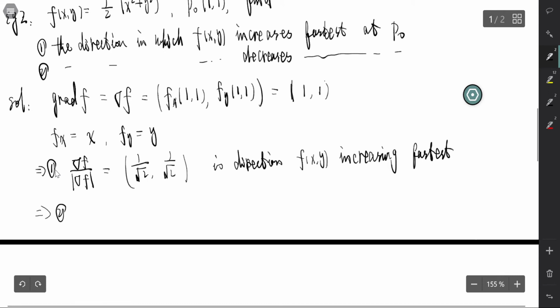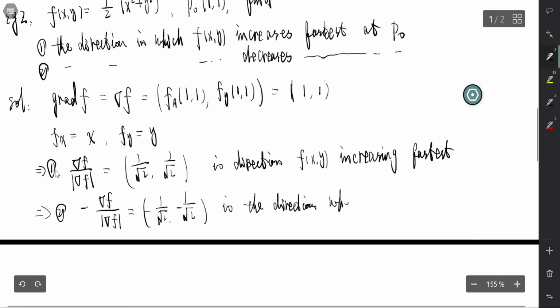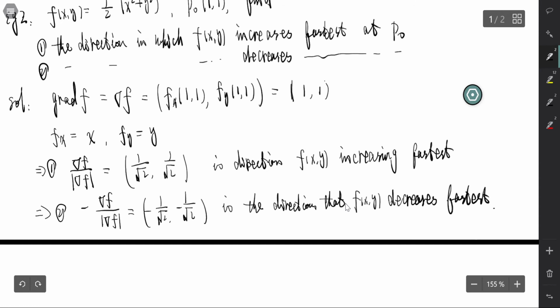The second problem: the direction negative gradient f over the length of gradient f, that is (negative 1 over square root 2, negative 1 over square root 2), is the direction in which f(x,y) decreases fastest. That's the meaning of the gradient of f.